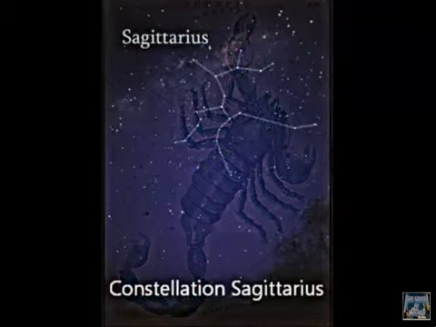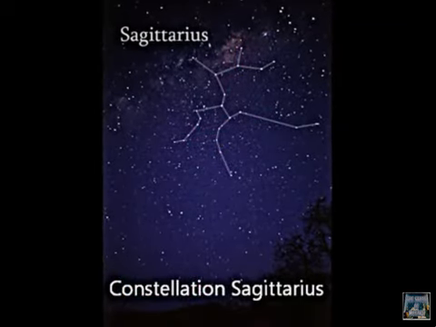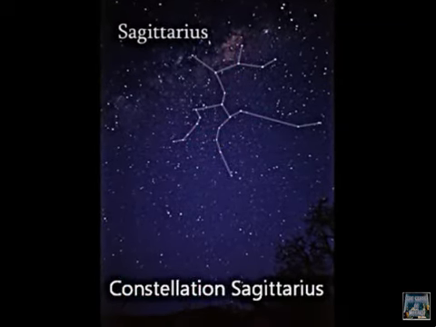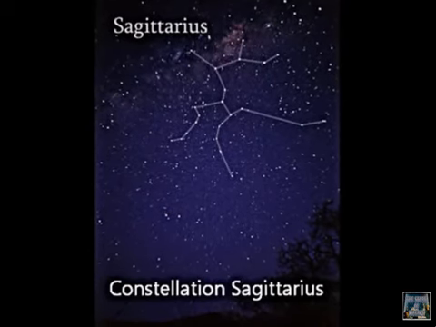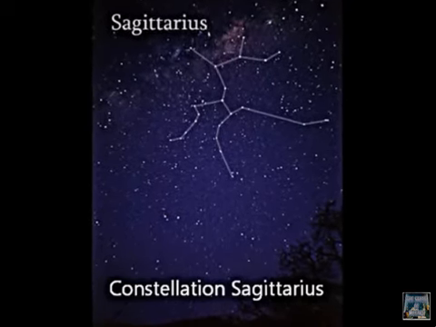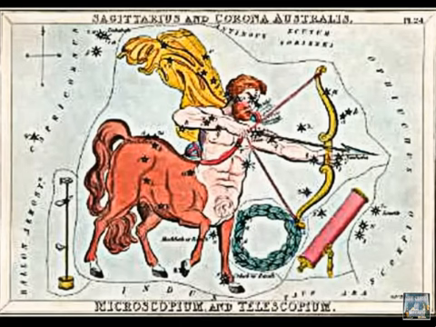Sagittarius is interesting because it is the body of a horse and the torso of a man with a drawn bow and arrow. And the Bible speaks of this in Revelation 6:2, "I saw and behold a white horse, and he that sat on him had a bow, and he went forth conquering and to conquer."